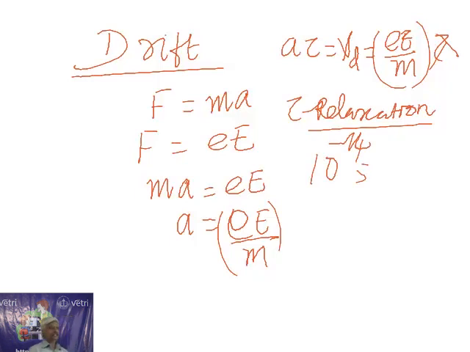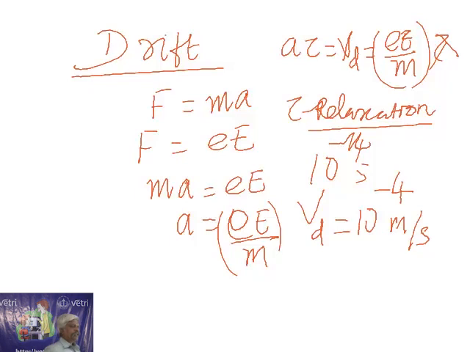Substitute the value. What is the value of drift velocity? Simply 10 power minus 4 meter per second. This is the drift velocity value. This 10 power minus 14 second is called relaxation time. So these are the things you have to keep in mind.